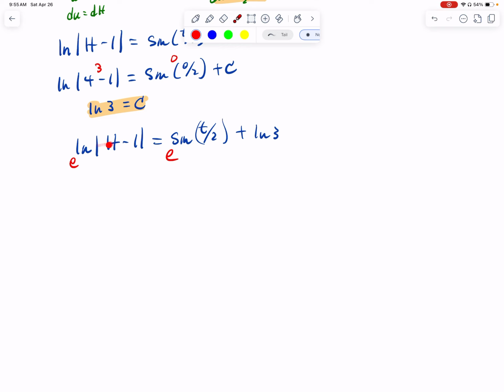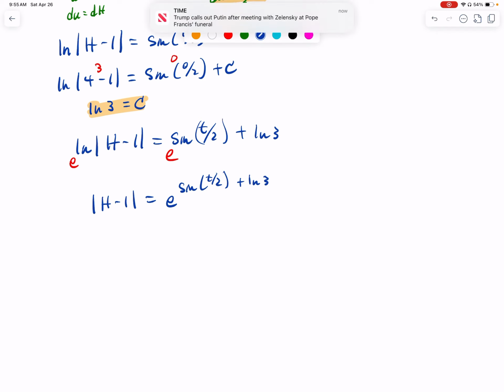When I exponentiate the left-hand side as inverses, these cancel each other out, giving me absolute value of h minus 1 is equal to e to the sine of t over 2 plus the natural log of 3. But I'm going to use a property of logarithms to simplify this a little bit, as e to the sine of t over 2 times e to the natural log of 3.